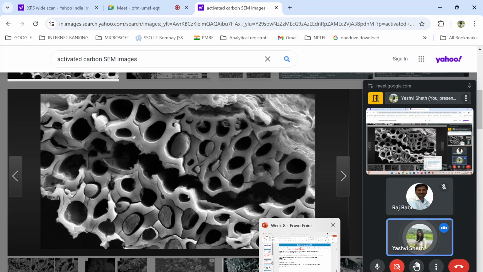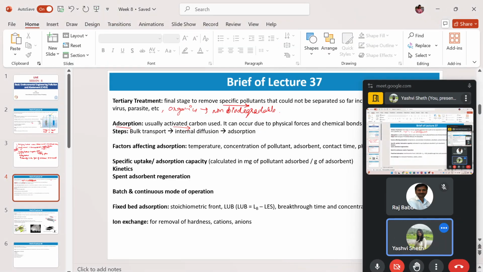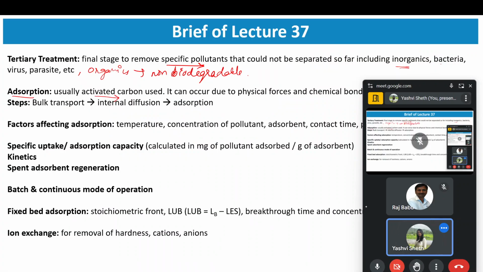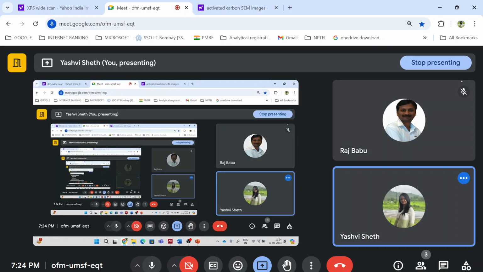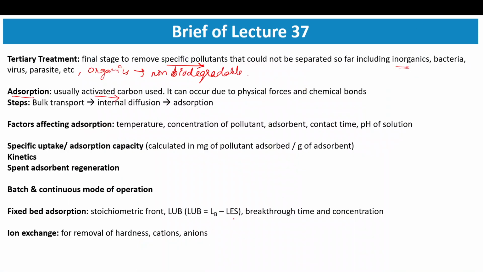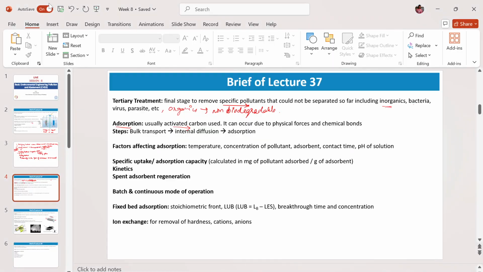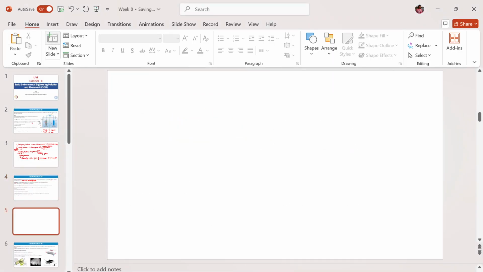For example, let's say there are two pieces of activated carbon, one and two. These are the pores on the surface of activated carbon.